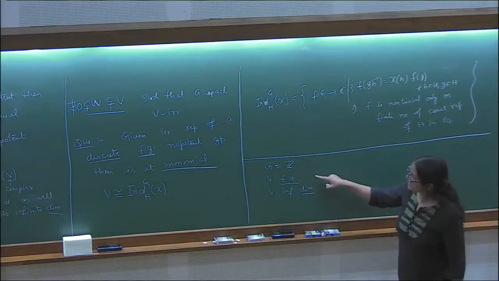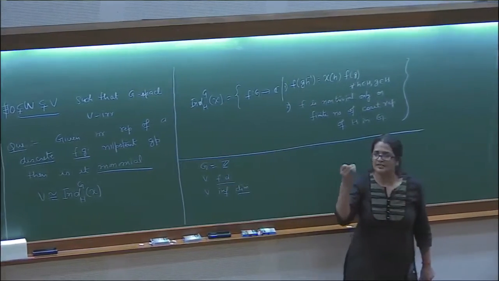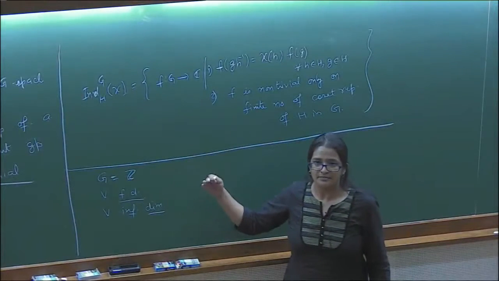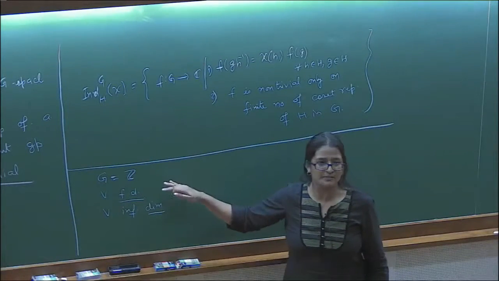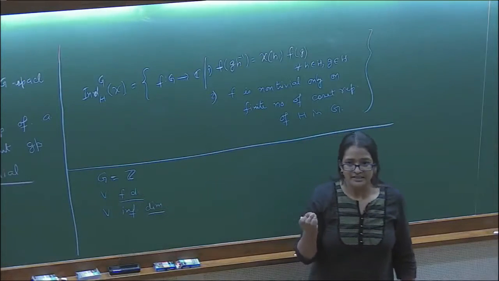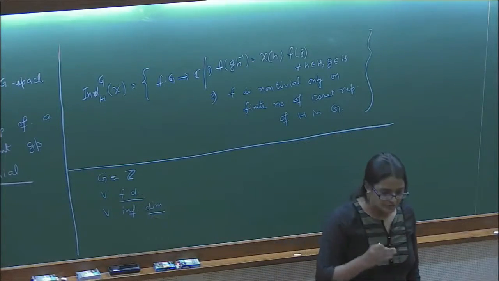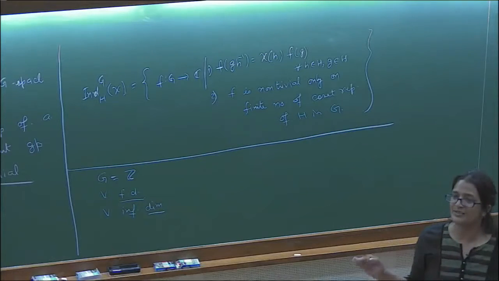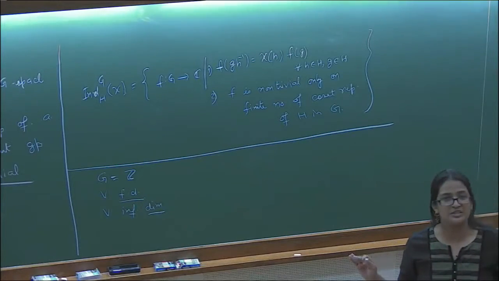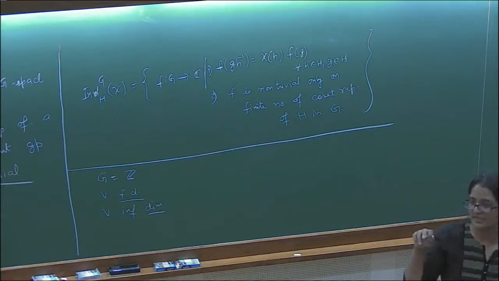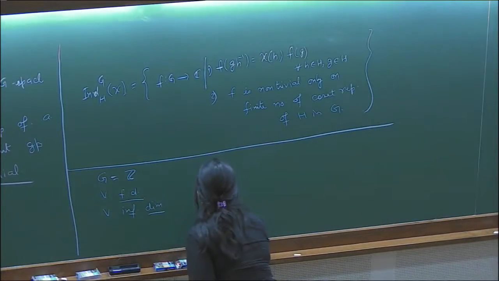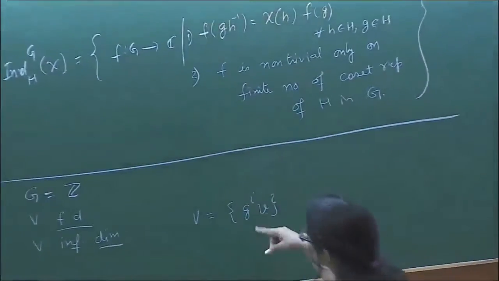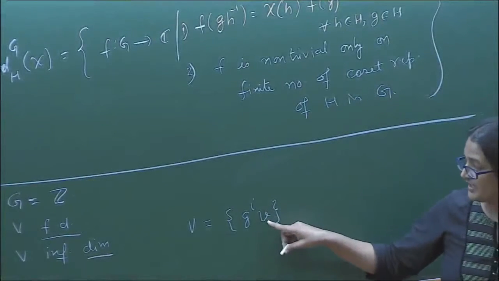If V is finite dimensional, then it is easy to see that I can always find a one-dimensional subspace, an eigenvector, because I can upper triangularize one matrix, since the representation is given by the generator of G. For the infinite dimensional case, it's not true that I will be able to find a one-dimensional eigenvector, but I can always find subspaces that are G invariant. For example, V can be the space spanned by g to the i, where g is the generator.